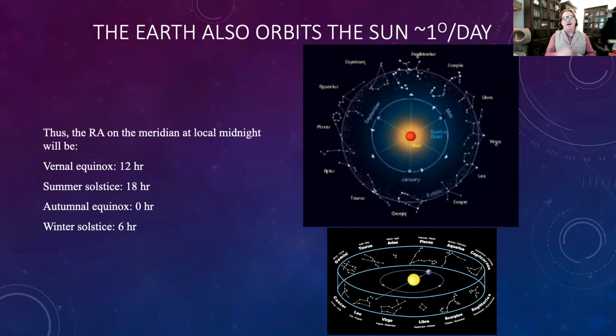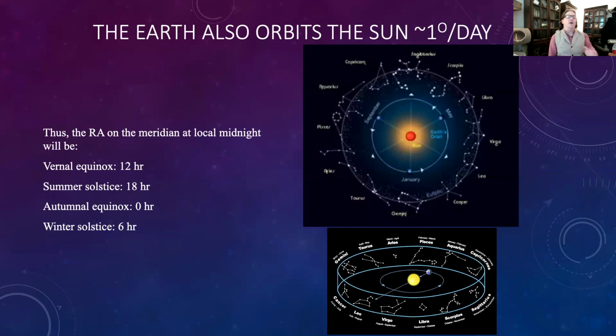Now, as the stars move across the sky, the RA increases. So if you're at local midnight, vernal equinox, the RA is 12, right along the meridian.